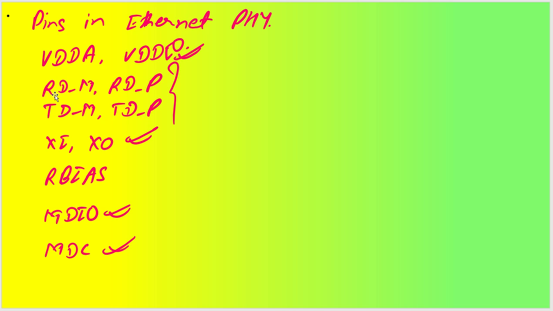RD minus is negative and RD plus is positive. Similarly, TD minus and TD plus are there. We have oscillator pins XI and XO, and we have the R bias pin. Then, as I already mentioned, we have the MDIO pin and MDC pin, which are used for management data IO and management data clock.